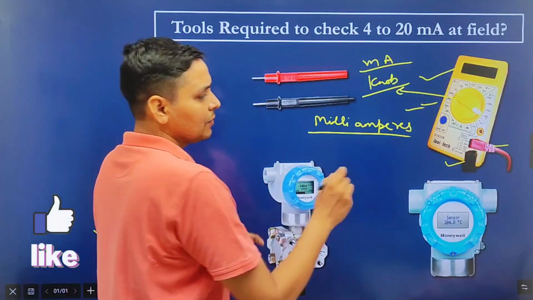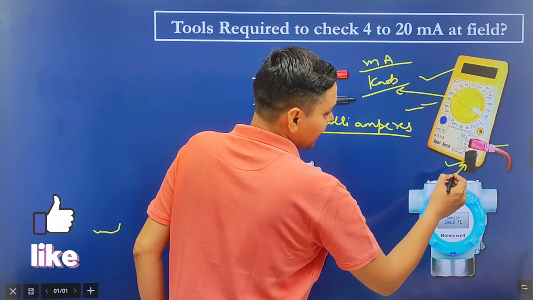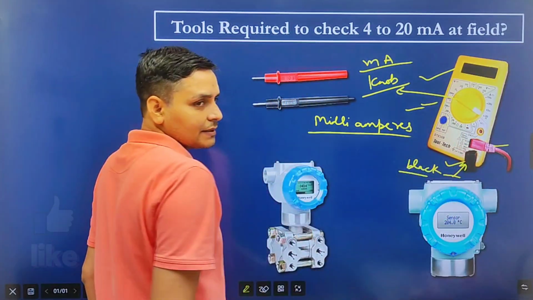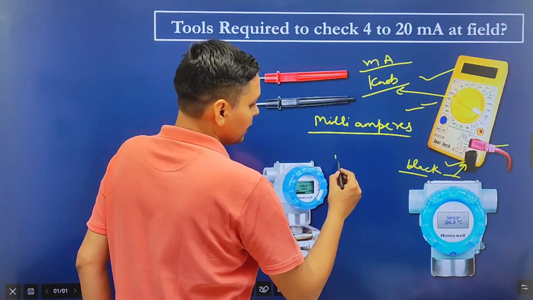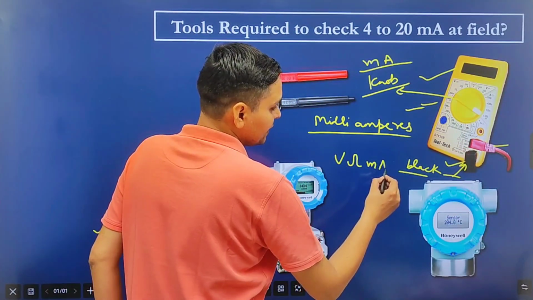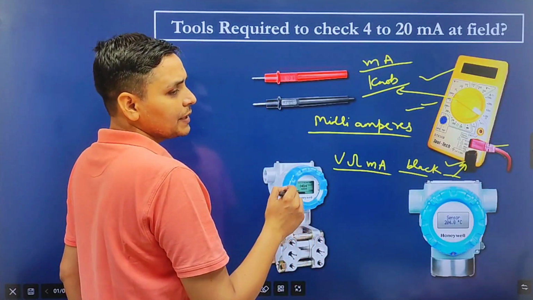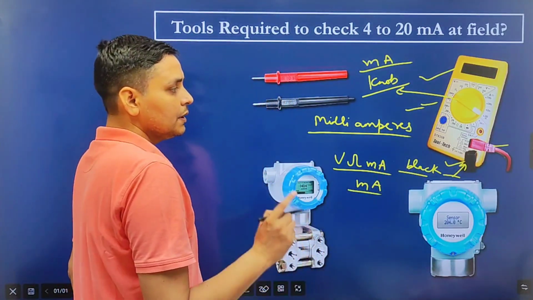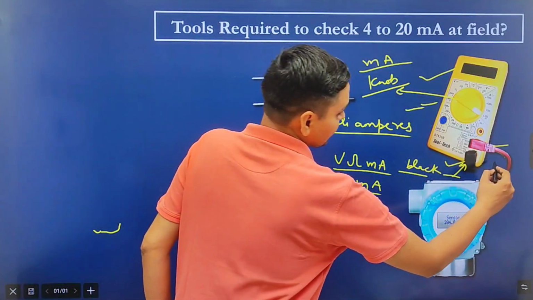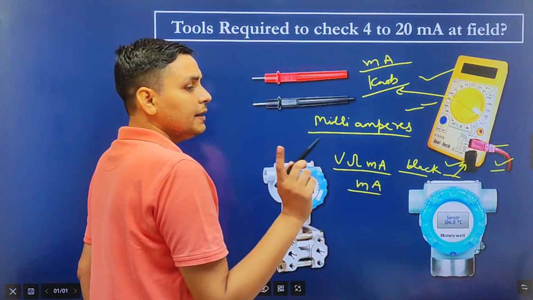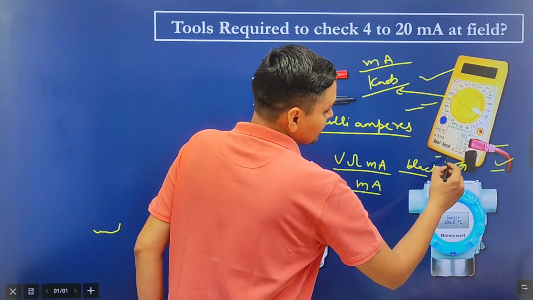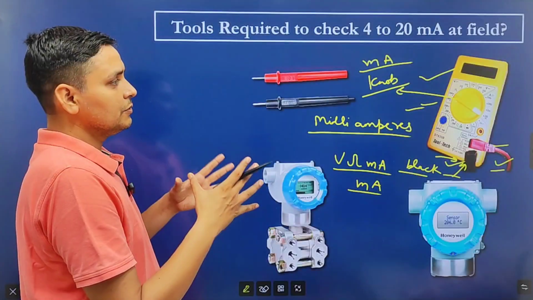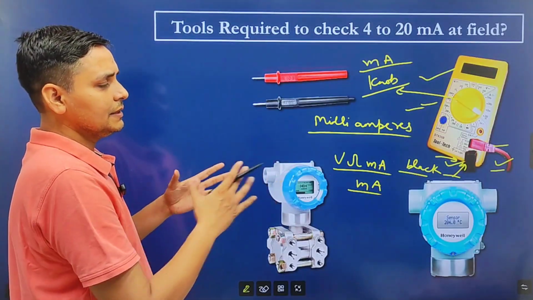One is connected at common, so the black wire will be connected at common, and the remaining red wire is connected at the voltage, ohm, milliampere sign, or in some multimeters it is only the milliampere sign. So the red wire must be connected at milliampere and the black wire must be connected at common. So we will use a multimeter like this.